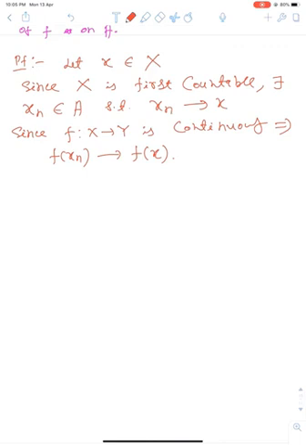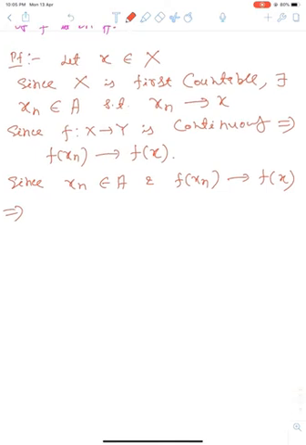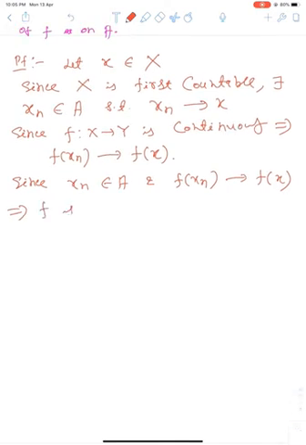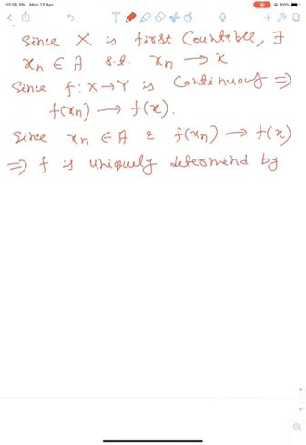Now you know the values of f on A. Since xn belongs to A and f of xn converges to f of x, that implies f is uniquely determined by its values on A, right?